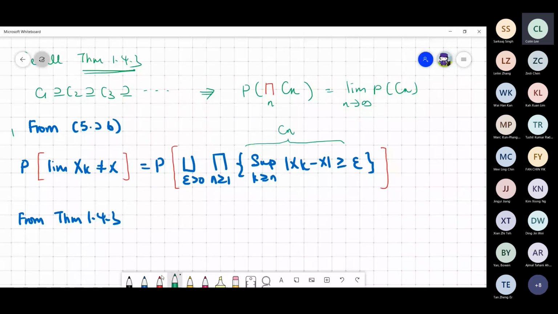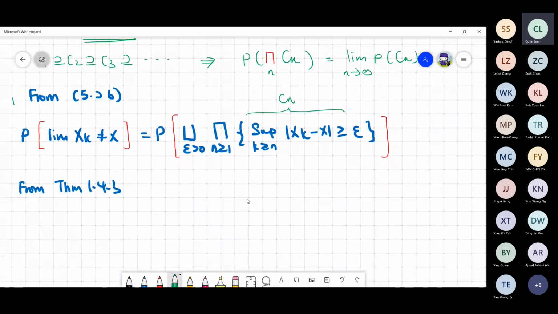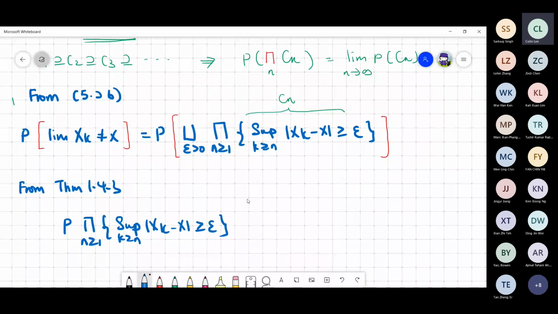Right. Okay, from theorem 1.4.3, then I'm going to have the probability of the intersection of n larger than or equal to 1 for this supremum is equal to the limit of n to this.